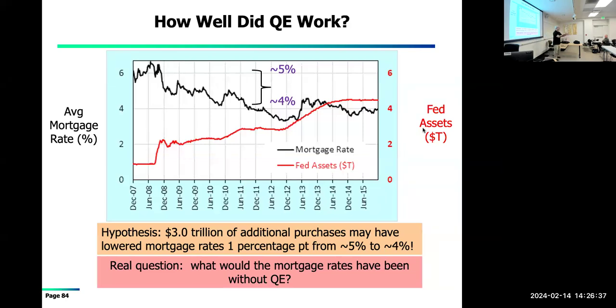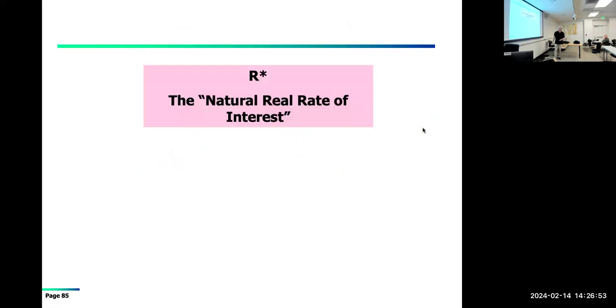So why did we have quantitative easing tied to not wanting negative interest rates, and this thing that economists spend time talking about called the zero lower bound policy? There's one more concept for today, and that is called R star.